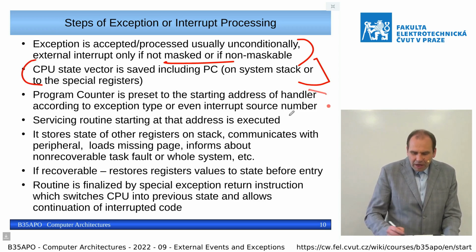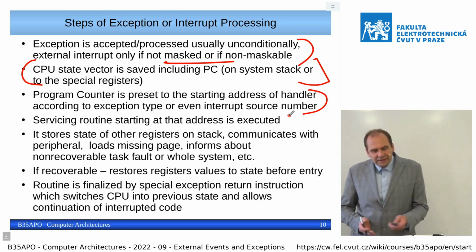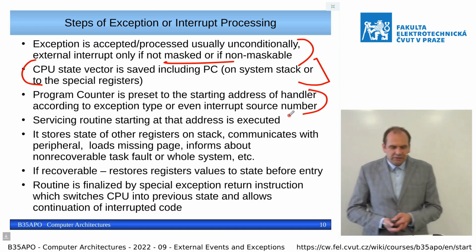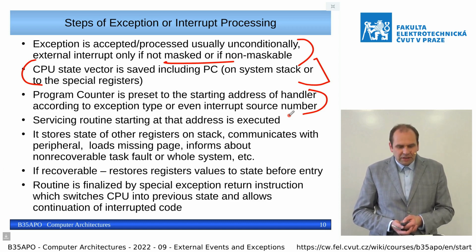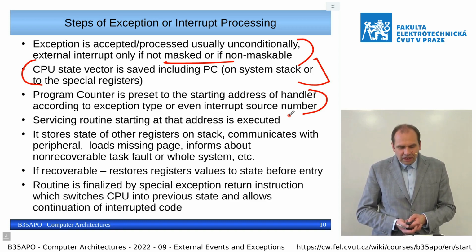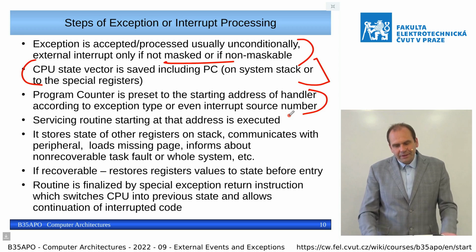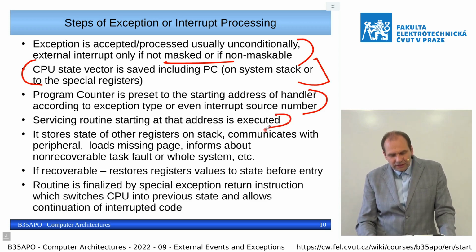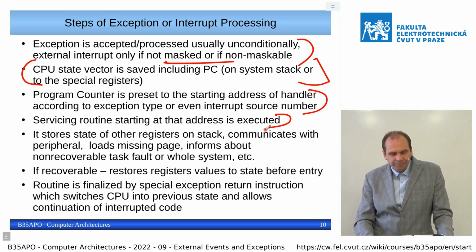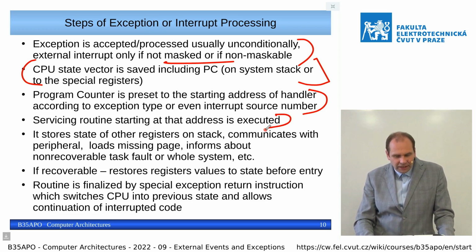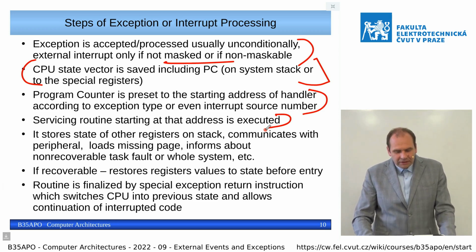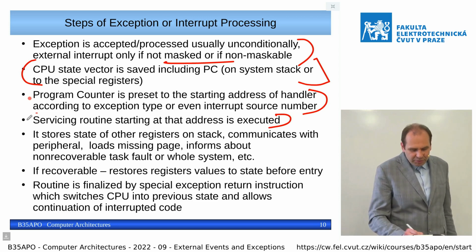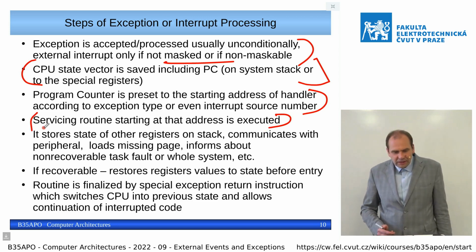Then the program counter is preset to some starting address, which can be fixed or it can be determined according to the interrupt source. And then the servicing routine is started, so some routine which executes code. Again, it is the same code as for the standard main program, but in this case, it directly responds to the external event.